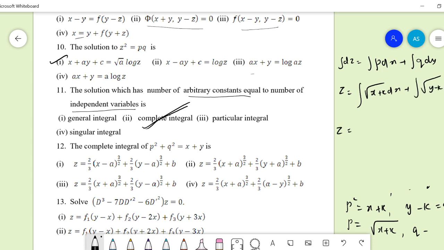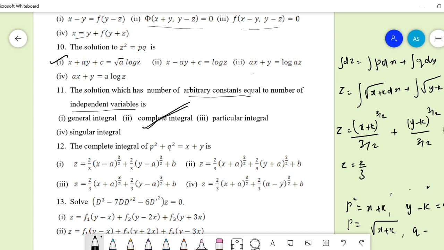Root of x plus k is x plus k to the power half, so z equals x plus k to the power half plus 1, that is 3 by 2, divided by 3 by 2, plus y minus k to the power 3 by 2 divided by 3 by 2, plus some constant c.